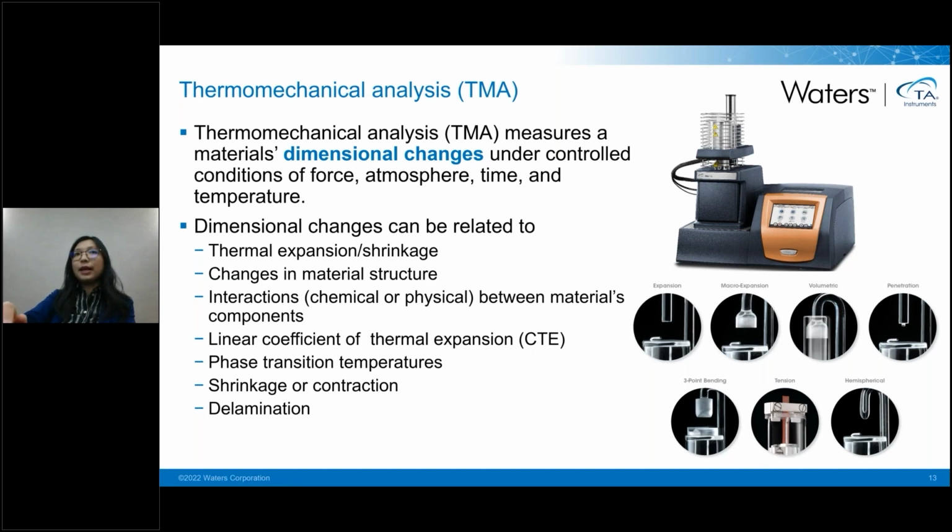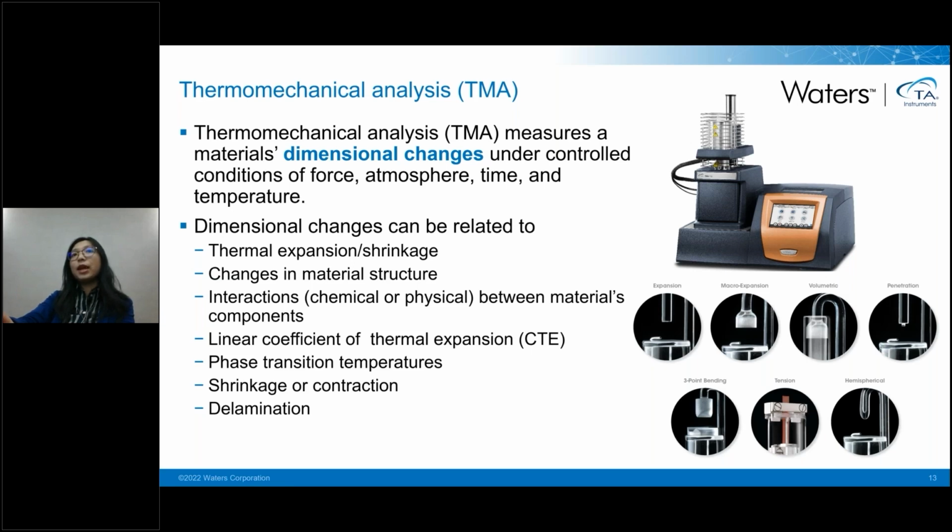You can see that thermal mechanical property change sometimes depends on the structure, involving different chemical or physical changes of the material. The linear coefficient of thermal expansion, which we often call CTE, is another characterization for looking at thermal stability and thermal expansion. You can also understand the phase transition of the material.